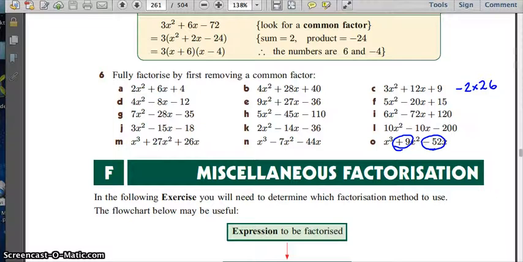What other numbers? Negative 26 times 2. Negative 4 times 13. 13 times negative 4. Negative 13, sorry, times 4. 52 times 1. Negative 52 times 1. Negative 1 times 52.